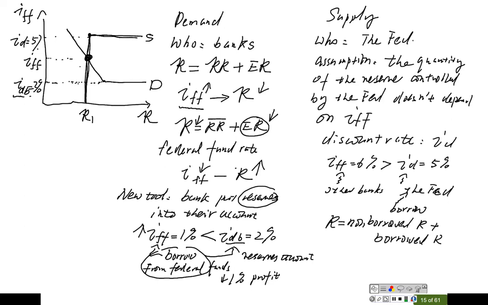And remember, we try to determine the federal funds rate, but in order to understand the shape of the demand and the supply curve, you also need to understand the interest rate paid on the reserve, and also the interest rate banks borrow from the Fed.